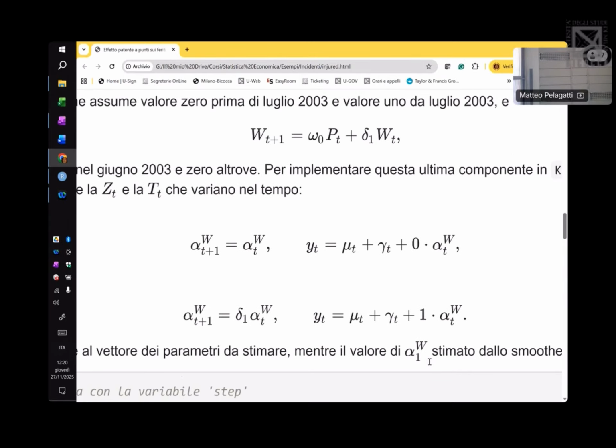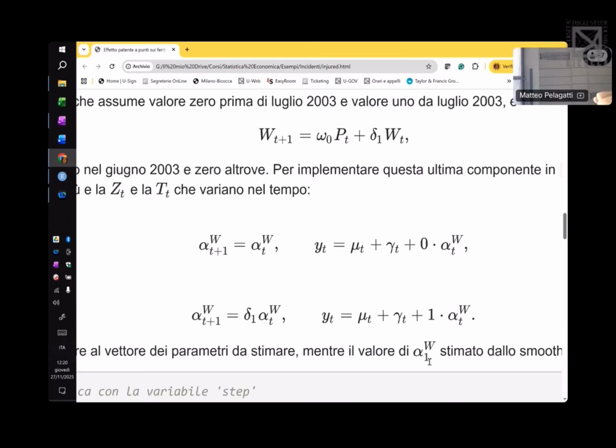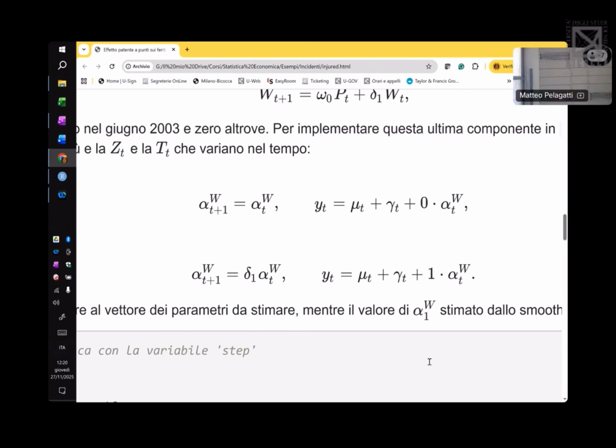So omega 0 is like the immediate impact of the advertisement, or in this case of the policy. And then we have the policy that decreases its effect according to delta. Of course, the closer to 1 is delta, the slower the downturn, and the closer delta is to 0, the quicker it will be.